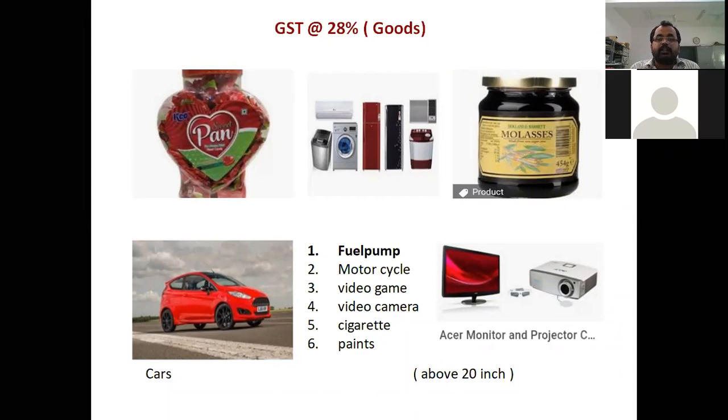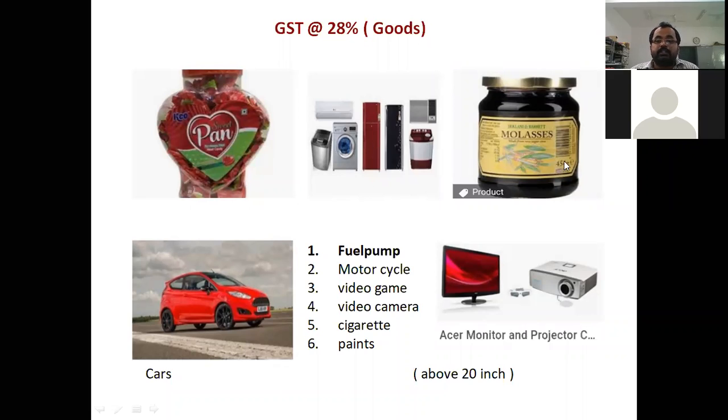Now, GST at 28% goods. Here we have the highest rate of GST; 28% is the highest rate under GST. Here, pan, washing machine, refrigerator, AC, electronic items. These are the things that come under 28%.